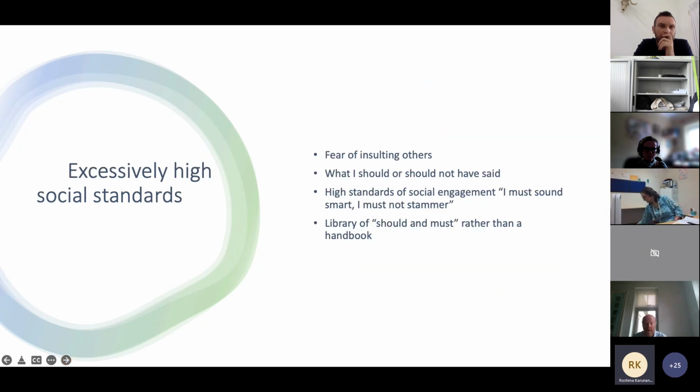Another thing that's really becoming a focus in terms of research is that people who are socially anxious tend to have excessively high social standards, more than most of us. I use the metaphor of a kind of a library here, where people who have social anxiety sometimes tend to have a library of books full of shoulds and musts statements.